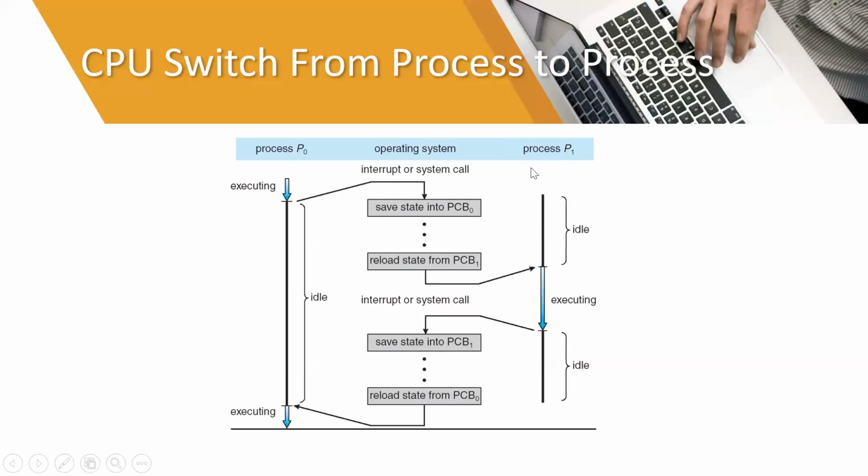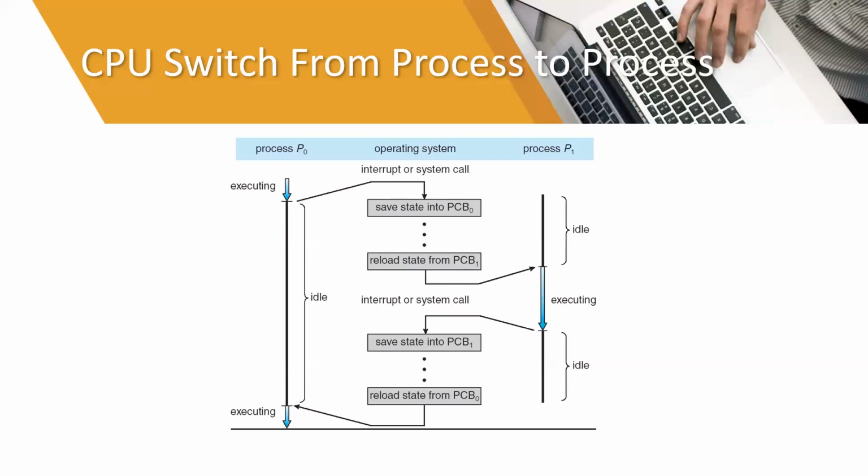We update PCB1 by setting the process state to running. If process P1 was earlier executed by the CPU, then you can get the position of the last executed instruction, so that you can resume the execution of P1.